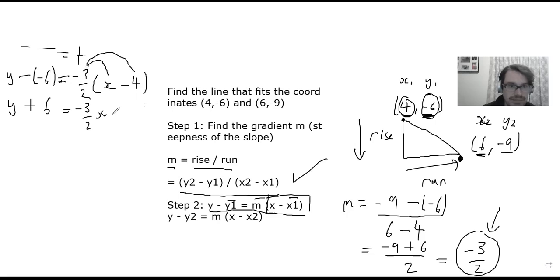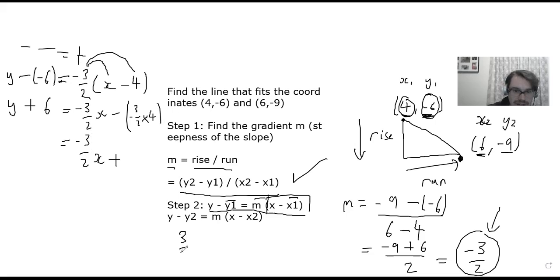That's minus minus. Okay, let's tidy this up. We'll leave minus 3 on 2x as it is. The 2 negatives become a positive. 3 on 2 times 4.